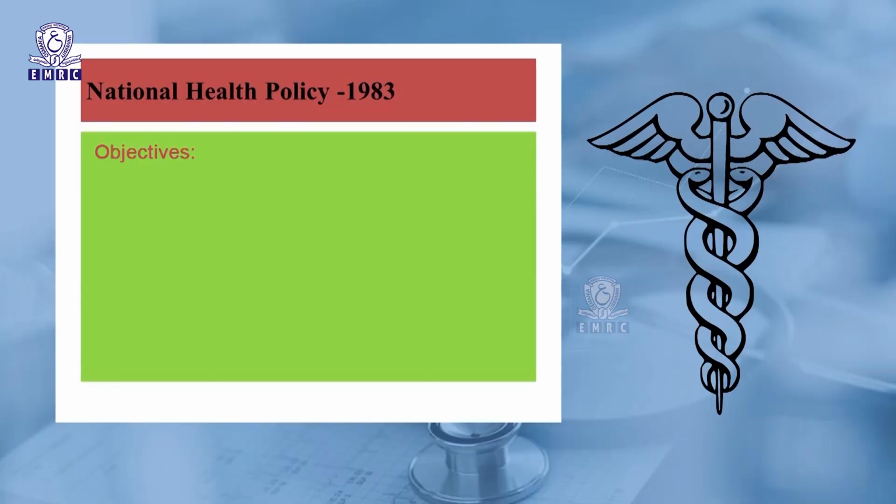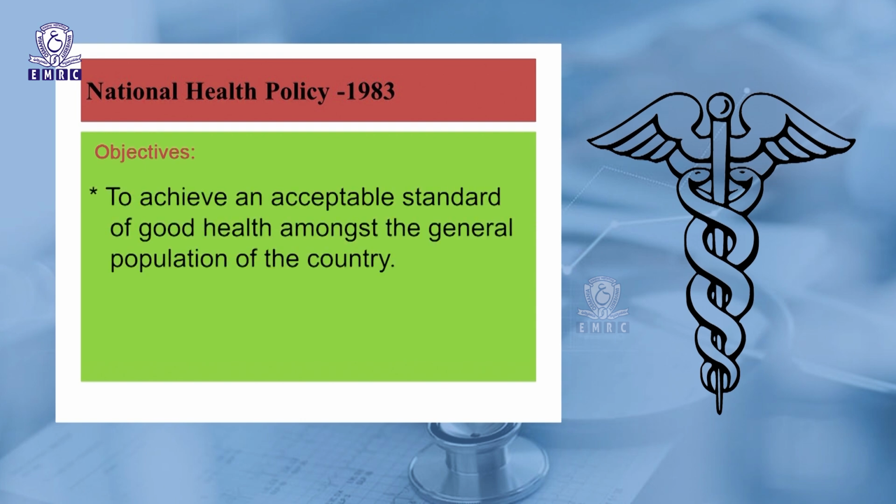Now, the National Health Policy 2002. The National Health Policy was last formulated in 1983 and the main objective of this policy is to achieve an acceptable standard of good health amongst the general population of the country.